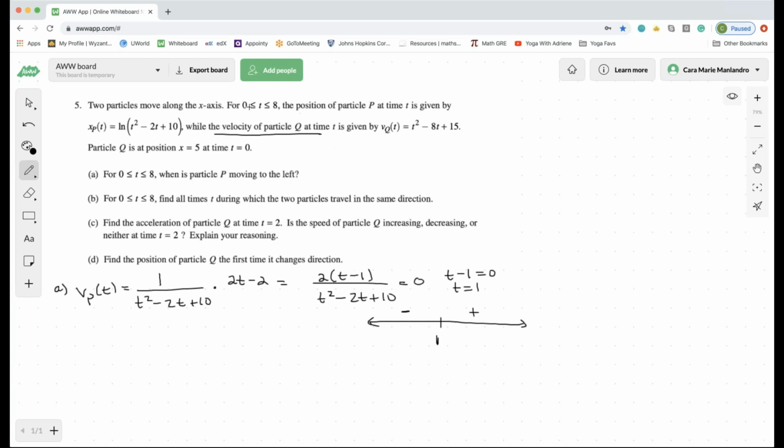So, assuming that I start at 0, your particle is moving to the left from 0 is less than t is less than 1. And I'm not going to make the mistake that I just made, and I'm going to get rid of that. All right, does that make sense to everybody?